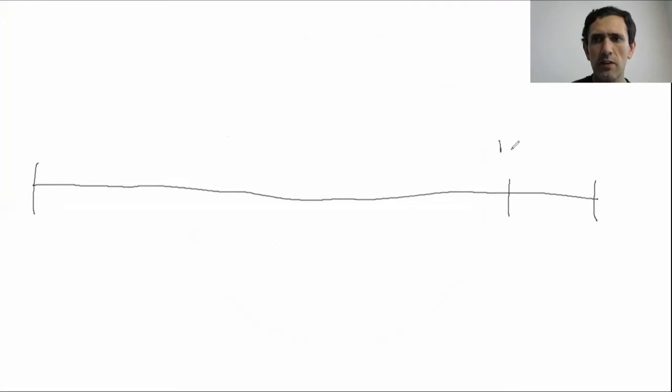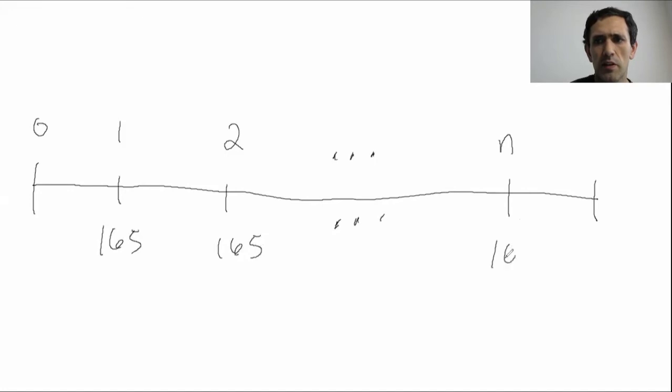Okay, so let's say the last 165 payment occurs at the end of n months. So clearly the main issue here is solving for n. And let's say the last payment that we need to make to fully pay off the principal is x.